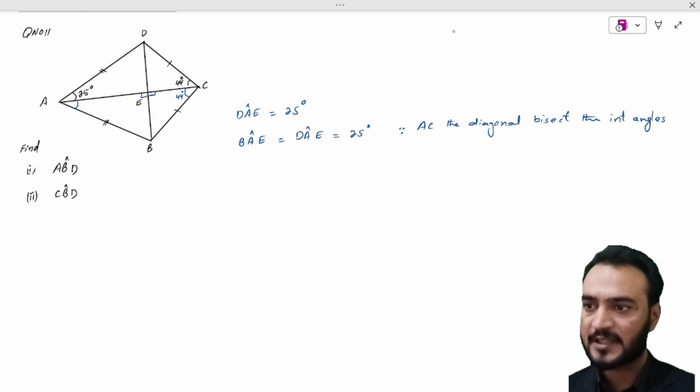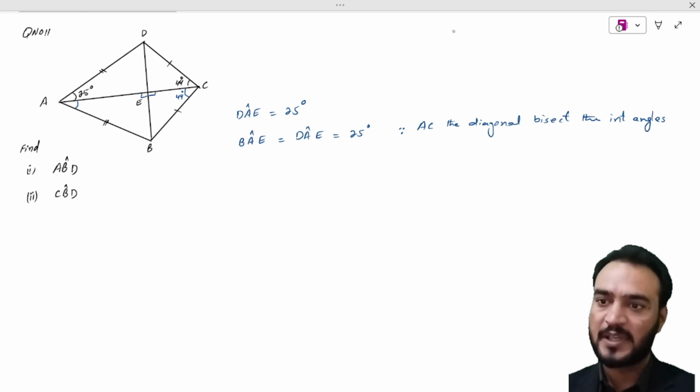So BAE equals DAE, which is equal to 25 degrees.